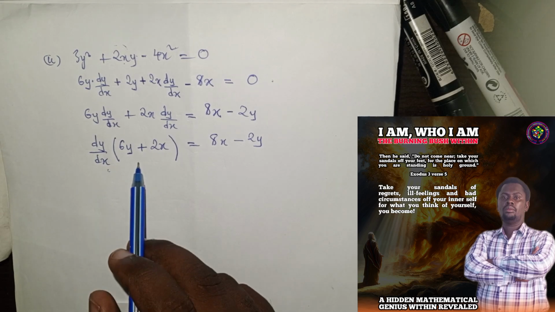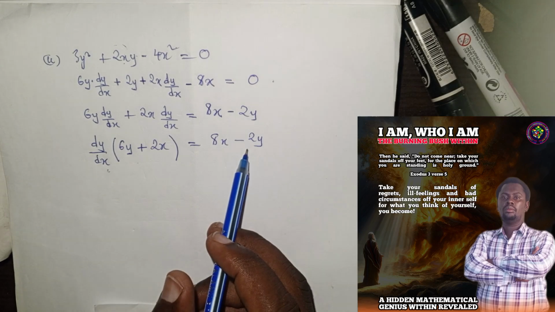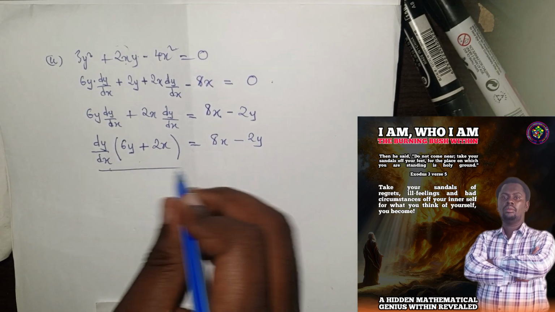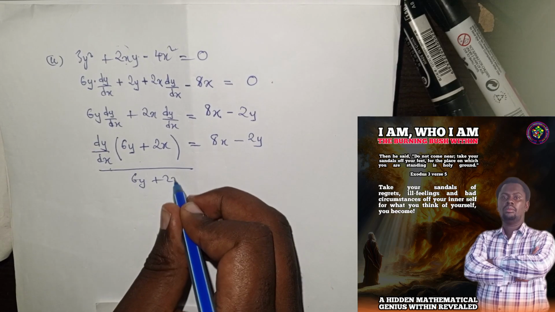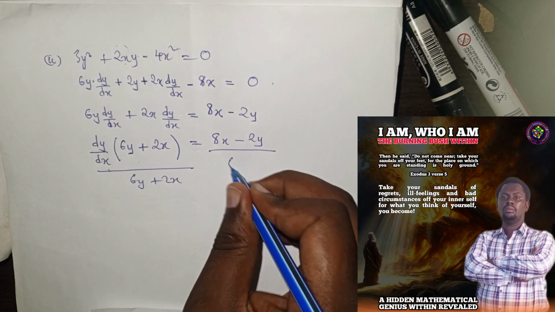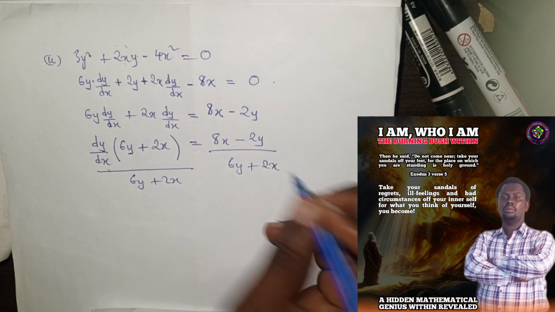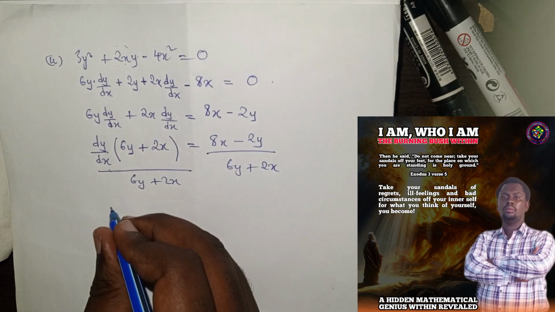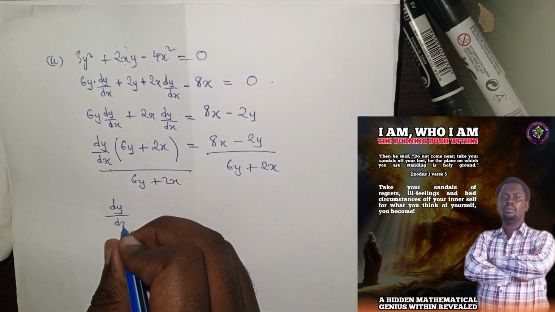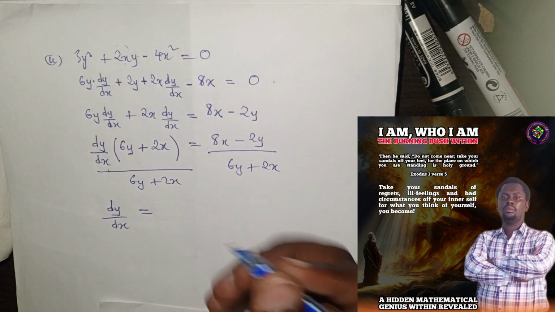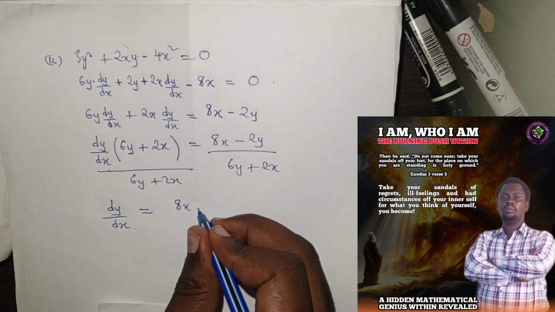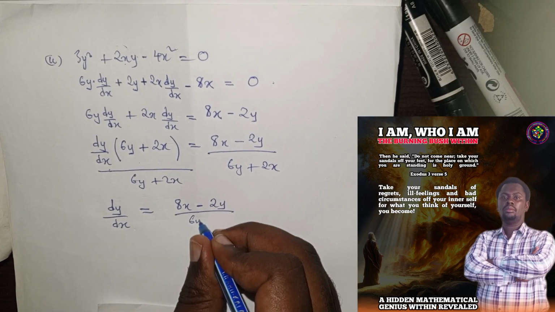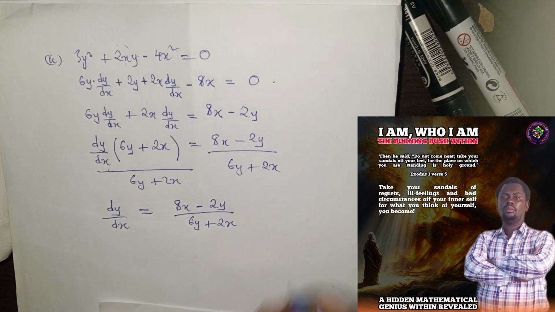And what we do to this side of the equation is what we should do to the other side of the equation. So you say over 6y plus 2x, and this side over 6y plus 2x. So 6y plus 2x and 6y plus 2x will cancel out. So you get dy/dx is equal to 8x minus 2y over 6y plus 2x.